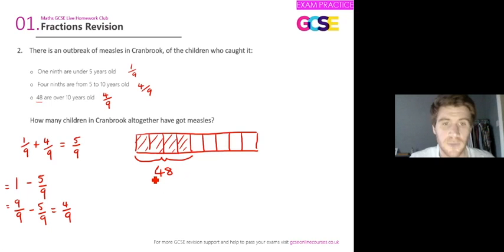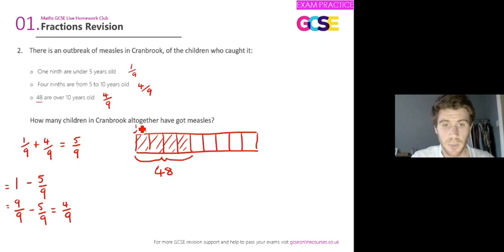What I want to do is work out 9/9 or a whole. If 4 bars equals 48, then if I divide that by 4, I will find out what 1 bar is. 1 bar is equal to 48 divided by 4, which is 12.